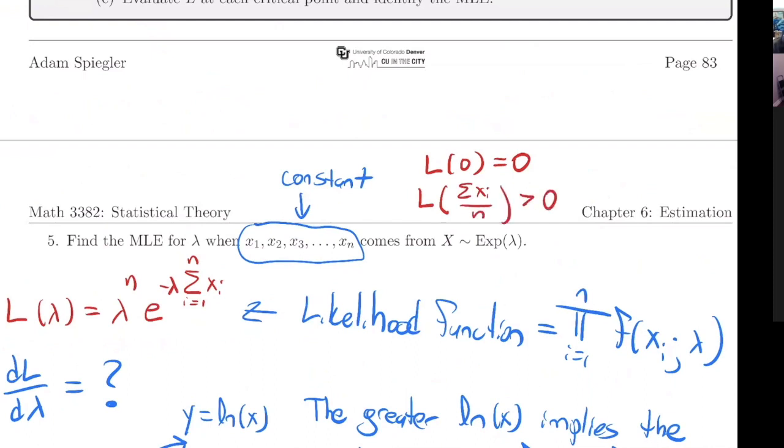If you were to plug in lambda equals 0, that's going to make the likelihood of this sample occurring impossible, so that would be a bad choice for lambda. Choosing lambda equals this sum of xi's over n actually makes the likelihood function positive, since those are our only two critical points.